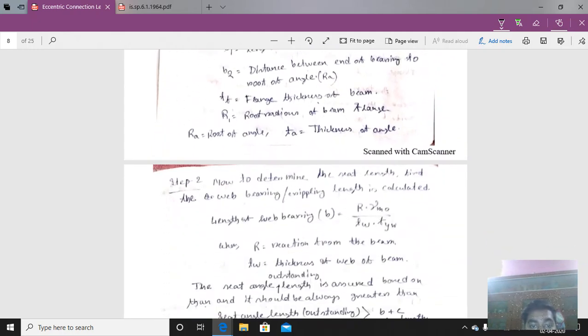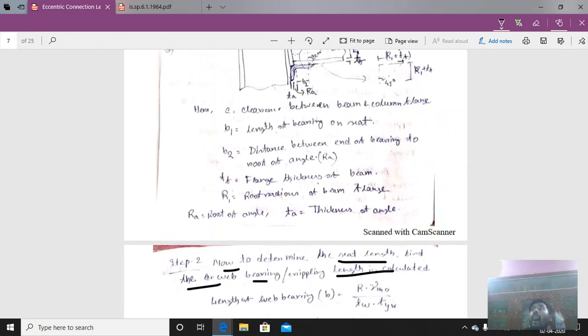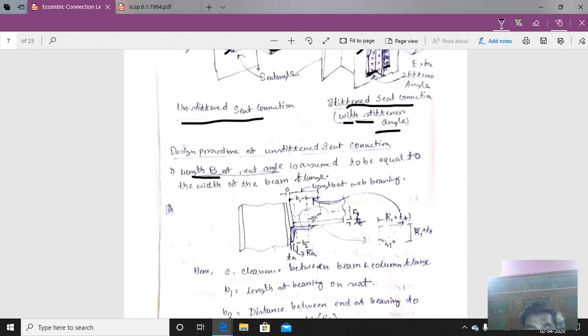Now step 2. To determine the seat width, first the web bearing or crippling length is calculated. That means how much length of the seat angle is taken for the bearing of the beam. From the starting of the beam to here is the length of the web bearing.